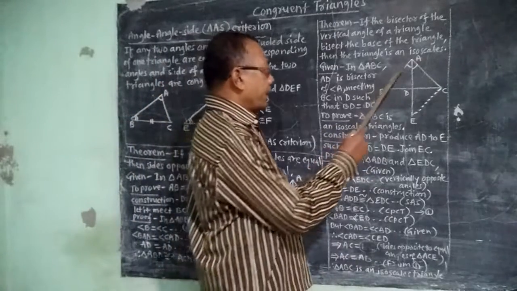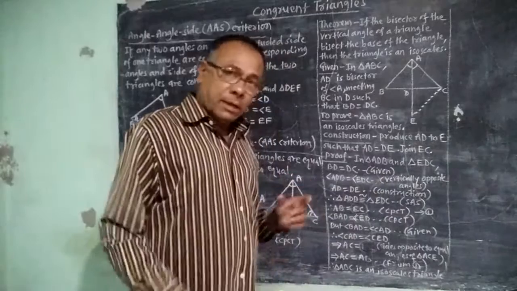Then we have to prove that triangle ABC is isosceles.